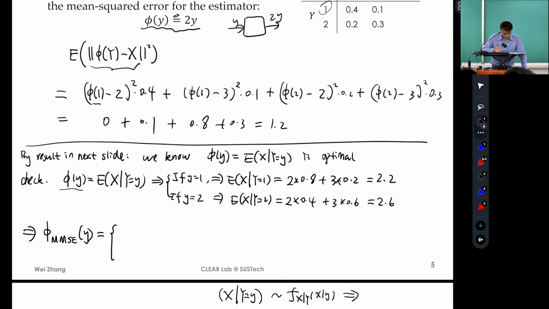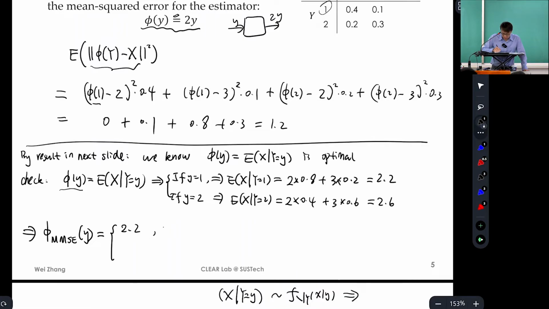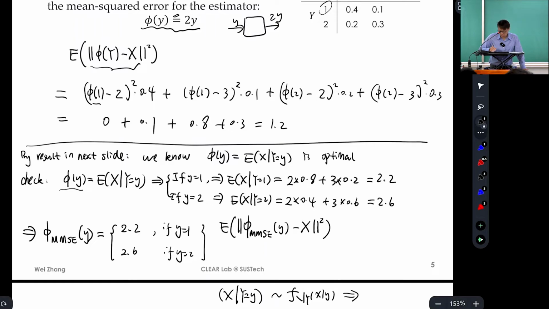So this is 2.2 if y is 1 and 2.6 if y is 2. Y can only take these two values. Now I can compute the minimum mean square error. So I would take the expectation of y minus x squared.